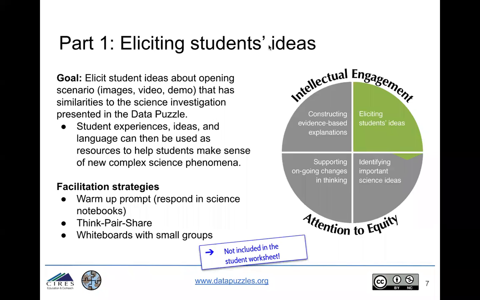Pulling out student experiences and language is critical in the sense-making process. So take the time here, even if it takes longer. I said 10 minutes here. Maybe students go off on tangents or tell some stories, and allowing students to share those experiences and feel involved and cared for is super important.